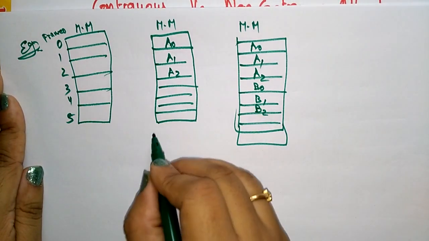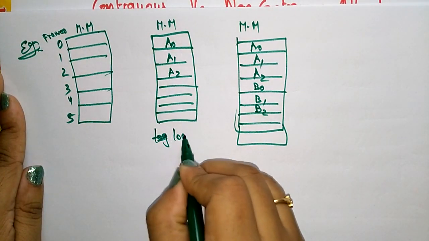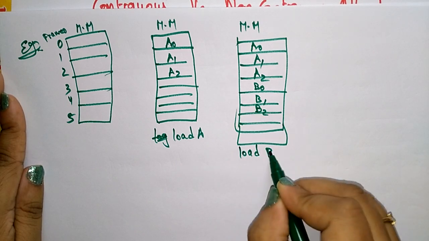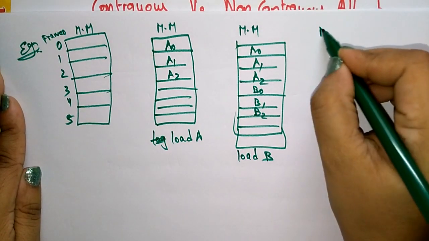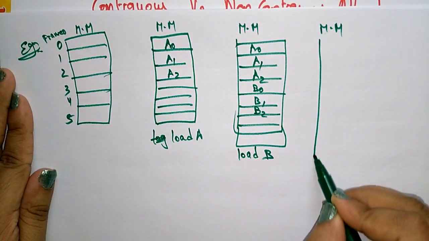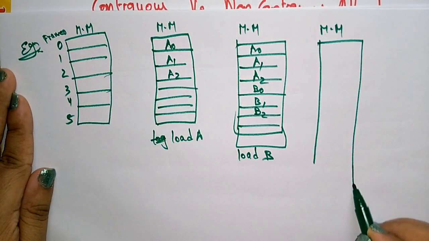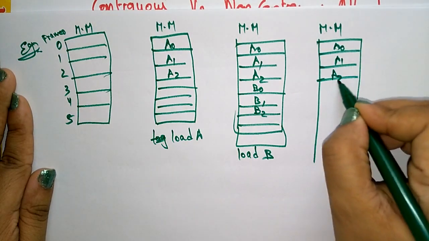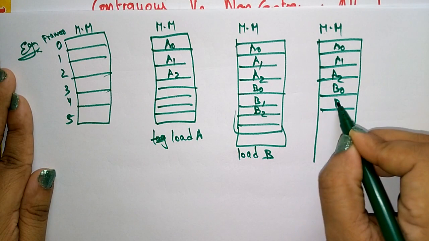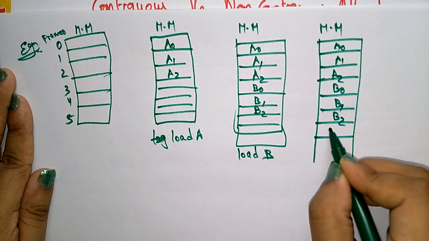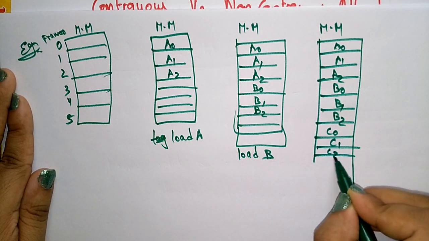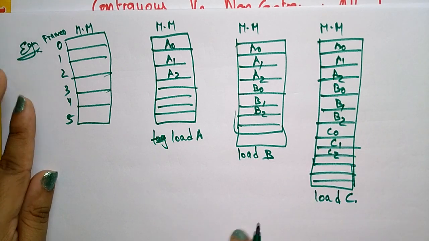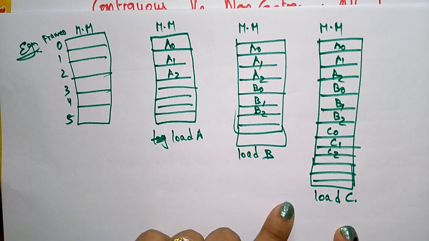So here I load process A, and here I load process B. Now again I want to load process C: A0, A1, A2, B0, B1, B2, C0, C1, C2. So I load process A, process B, process C.